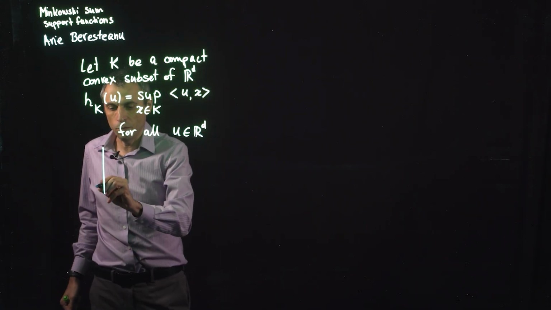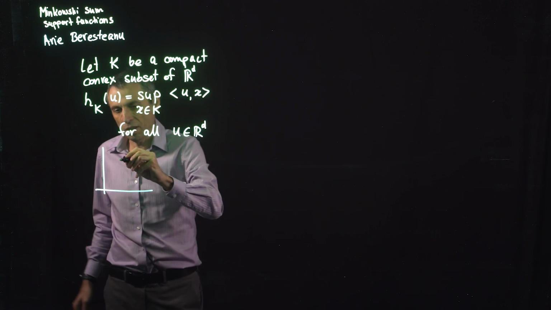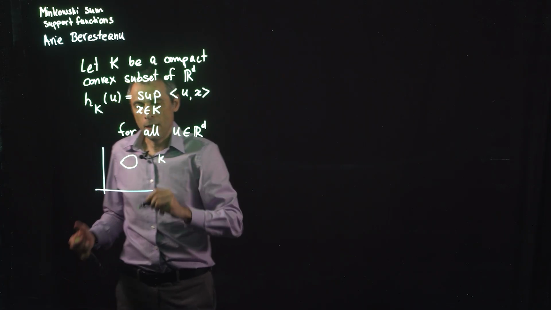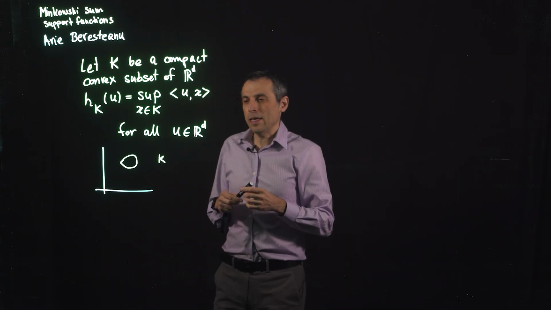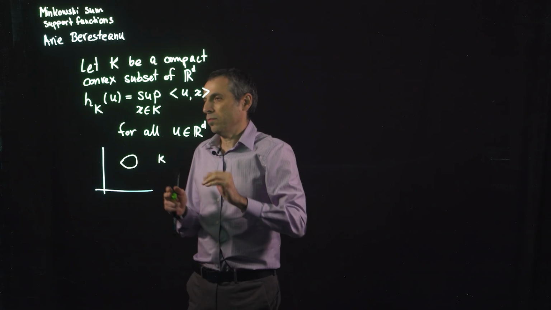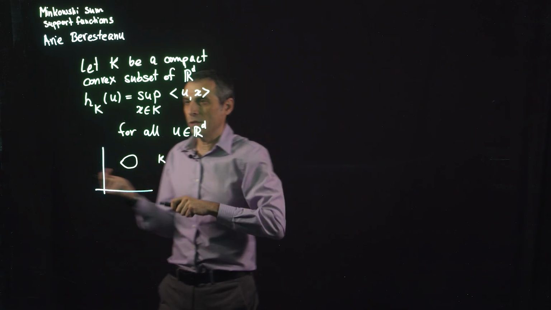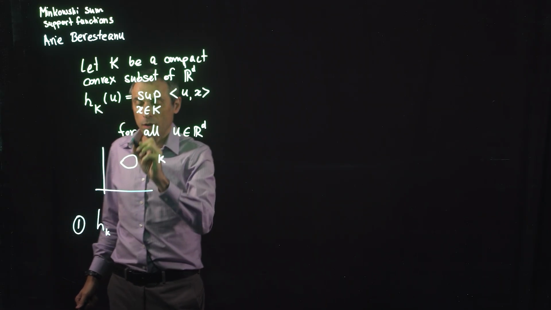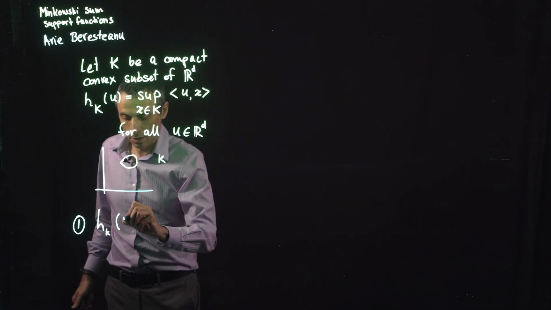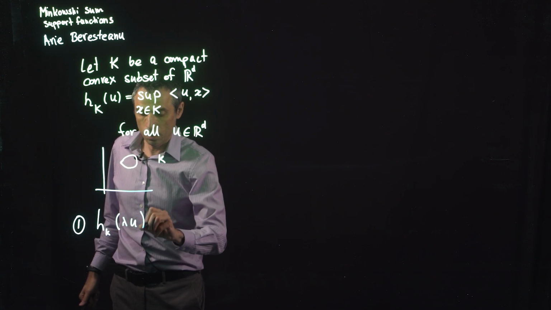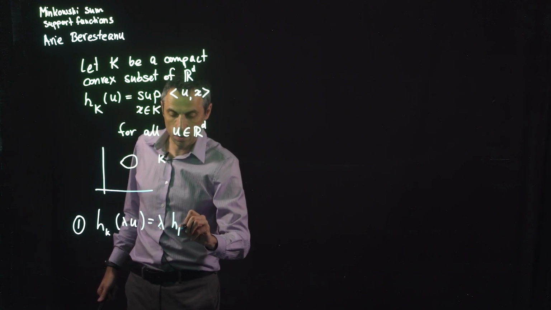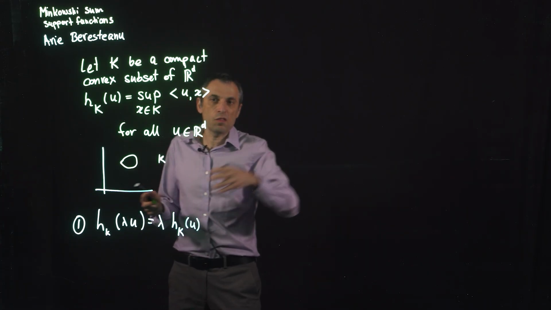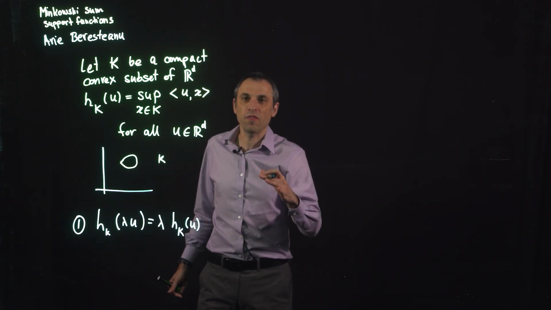So again, I'll use R^2, and we'll get a certain set K. Suppose this is our K. A support function is going to measure how far can I go in each direction.